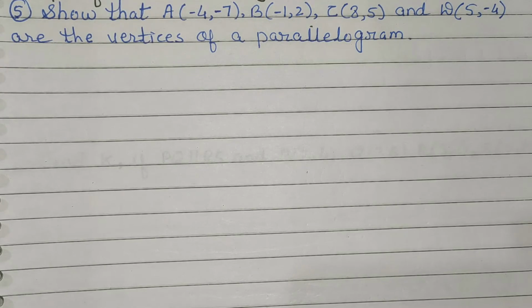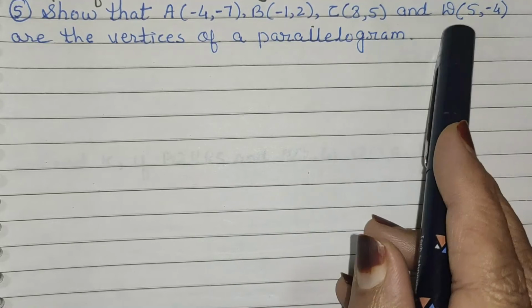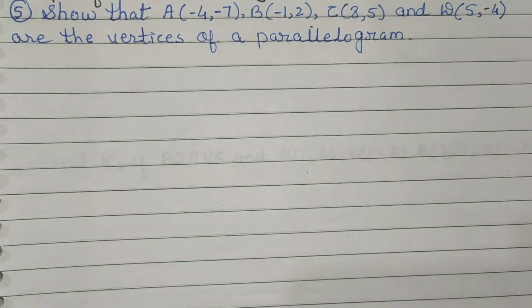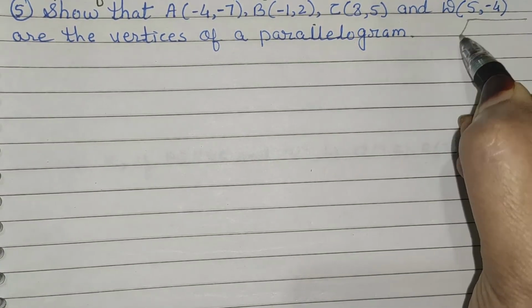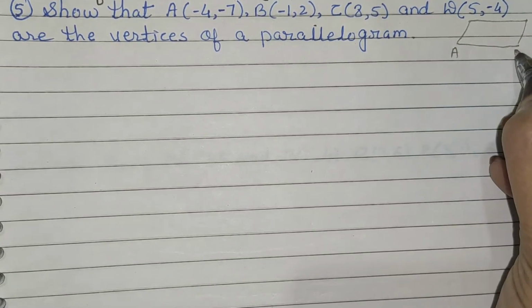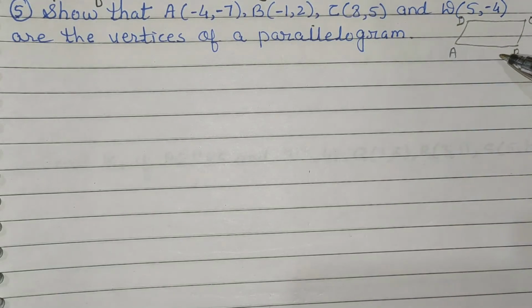Now next question. Show that A, B, C and D coordinates are given here are the vertices of a parallelogram. Now look here, if we draw a figure, rough diagram, parallelogram A, B, C, D. In parallelogram, the pair of opposite sides are equal and parallel.